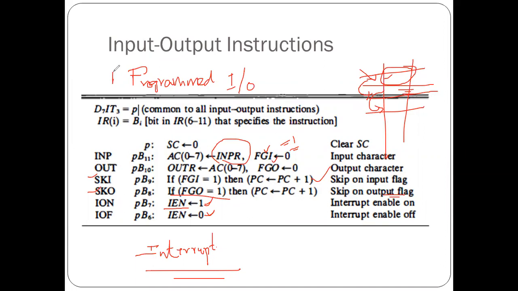So that is the first IO communication method, programmed IO, in which the flag bits are checked every time. We want to know how many times this flag bit is checked. Let us consider your instruction cycle, consisting of fetch, decode, and execution, and suppose it takes 1 microsecond.